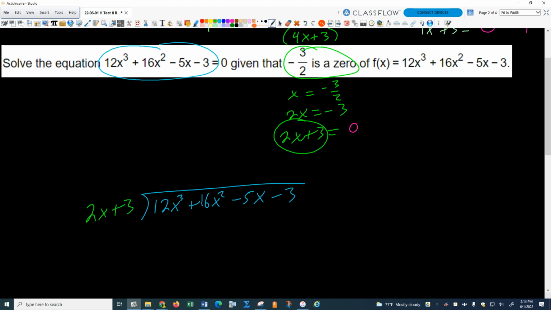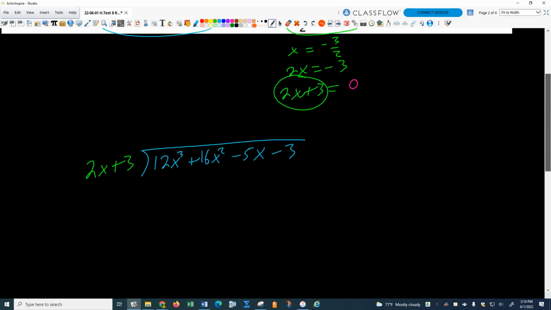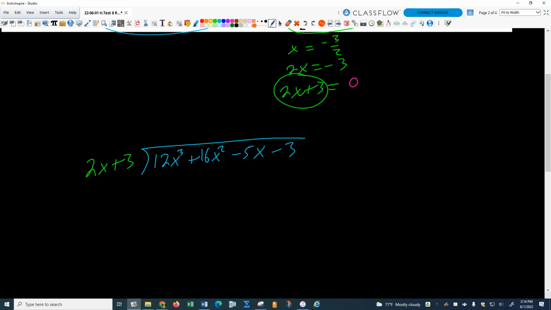So we'll just divide that out, right? And what's that going to give me? If I divide that out, we can do this really quickly. 2x times what is 12x cubed? 6x squared. Agreed?